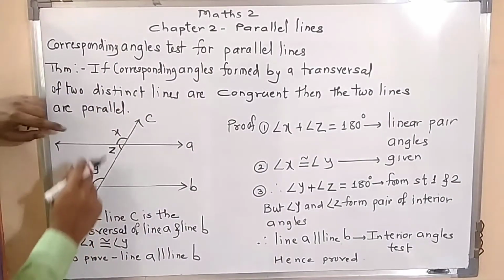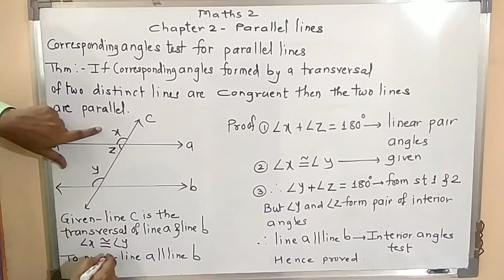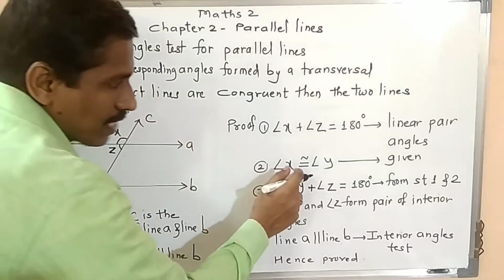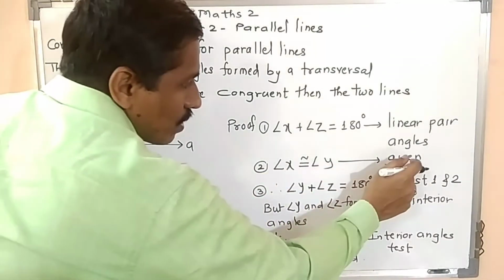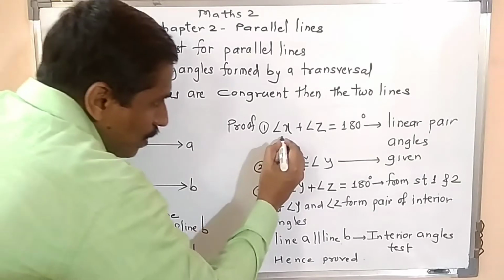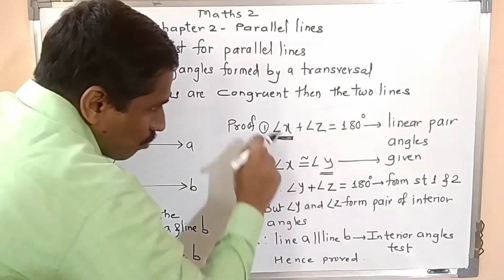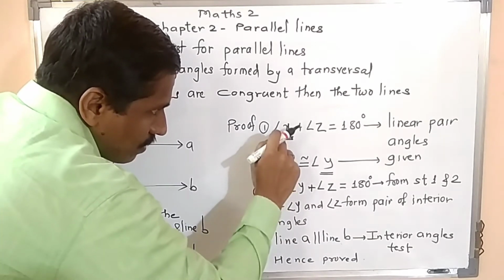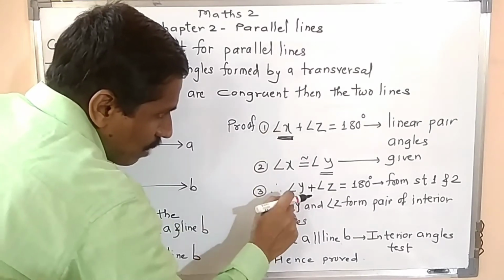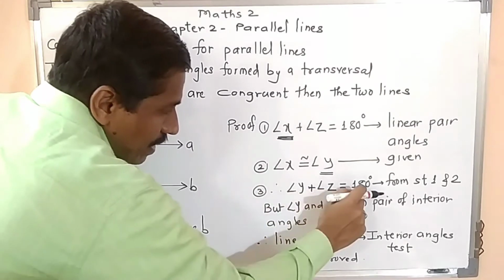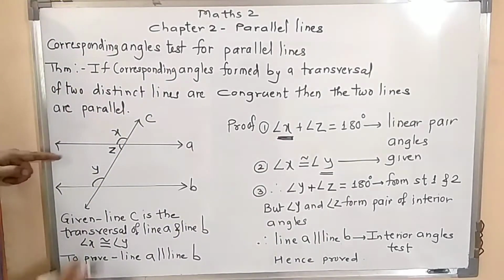But it is given that angle X is congruent to angle Y. Statement number 2: angle X is congruent to angle Y. This one is given. Now I will replace angle X by angle Y. So from 1 and 2, what I will get? Here I will replace X by Y. Angle Y plus angle Z is equal to 180.